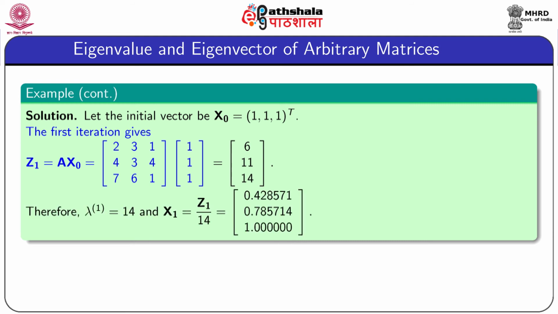So lambda 1 is taken as 14, that means the largest element of the vector z1 is taken as the first approximate eigenvalue lambda 1, and x1 is obtained by dividing z1 by 14. After division the vector x1 is 0.42857, 0.785714 and the third element is 1.